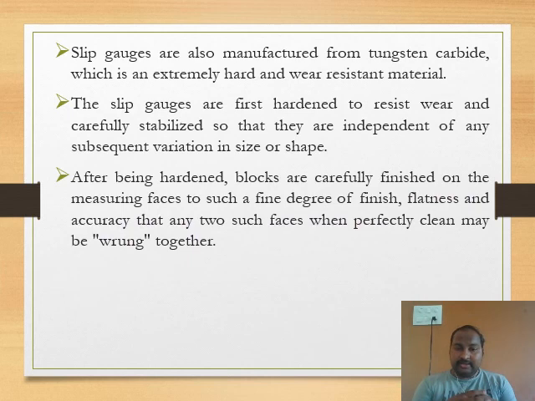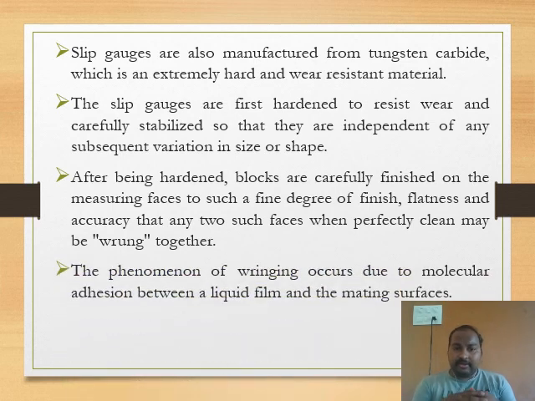After being hardened, the blocks are carefully finished on the measuring faces to such a fine degree of finish, flatness and accuracy that any two such faces, when perfectly clean, may be rung together. The phenomenon of ringing occurs only due to molecular adhesion.